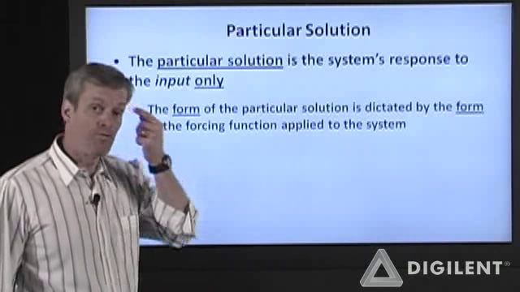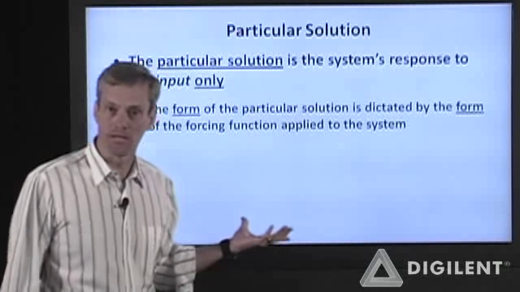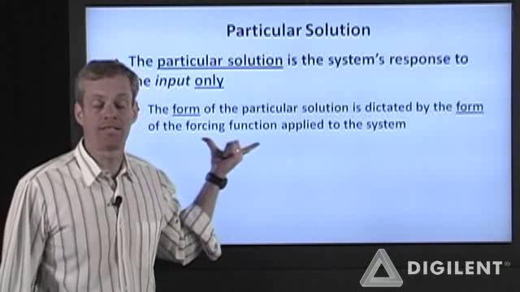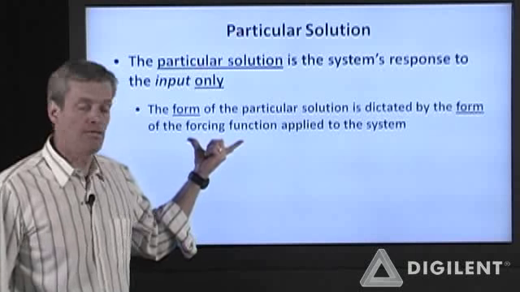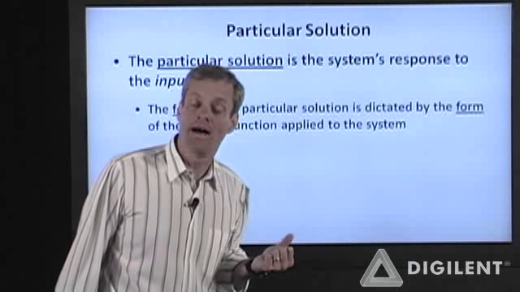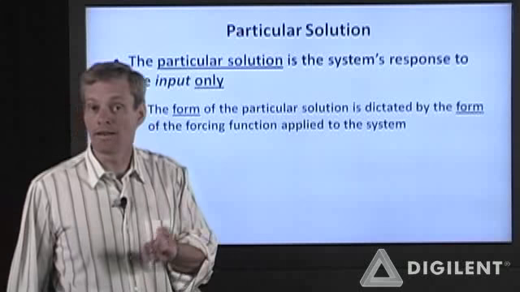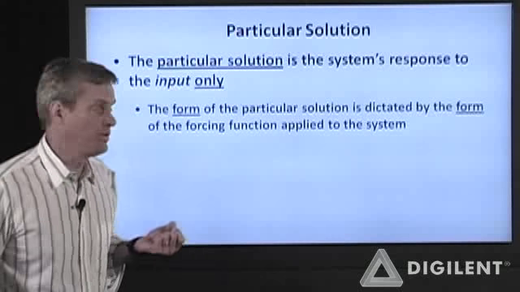The form of u of t will tell me what the form of y sub p of t is. For example, if I put a sinusoid into the system, the output will be a sinusoid. If I put in a constant value, the output will be a constant value. That is for the particular solution part, not pertaining to the homogeneous or the natural response.